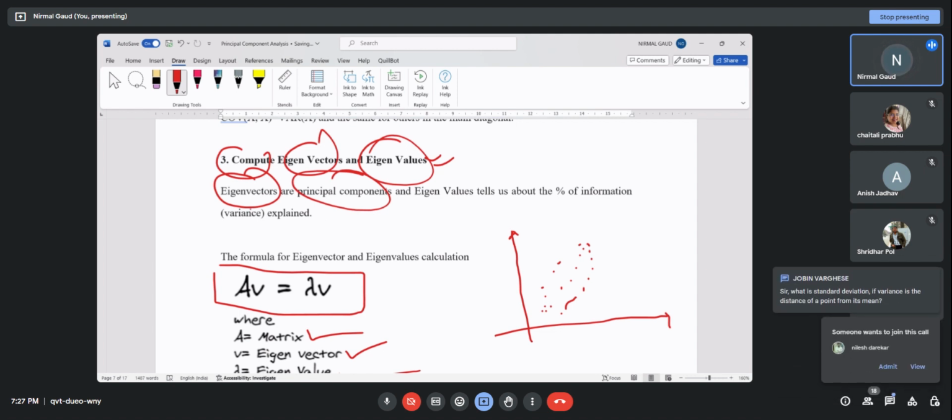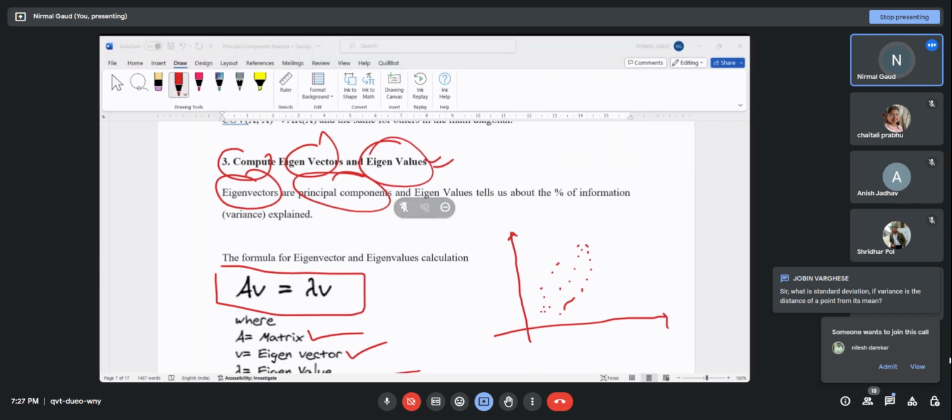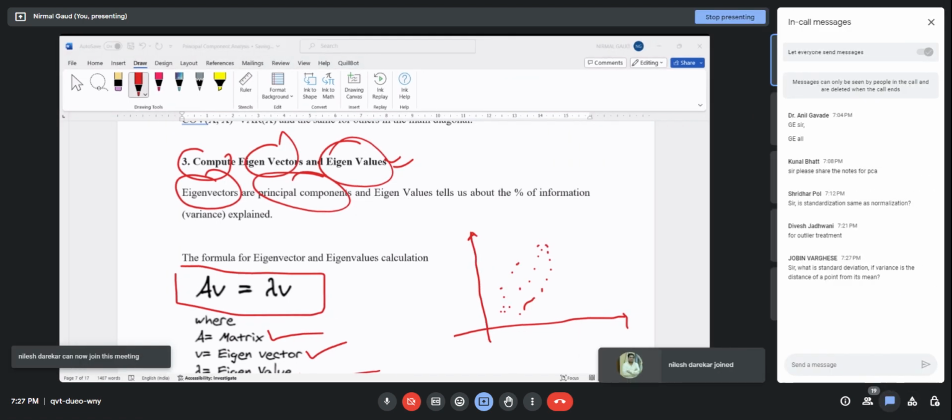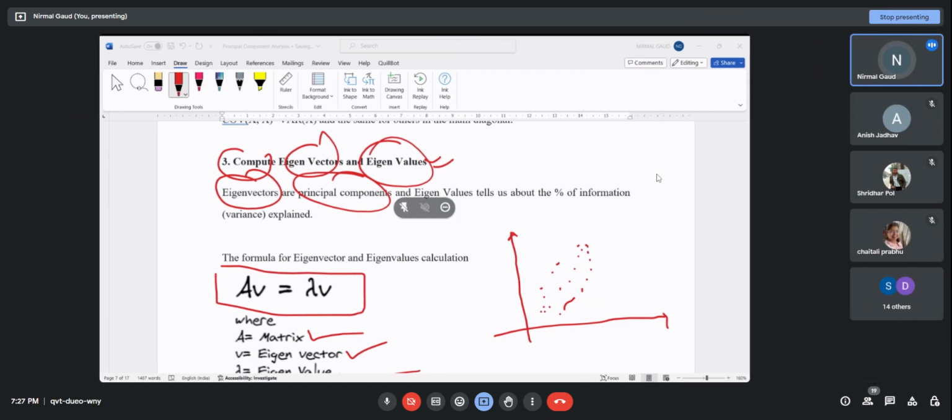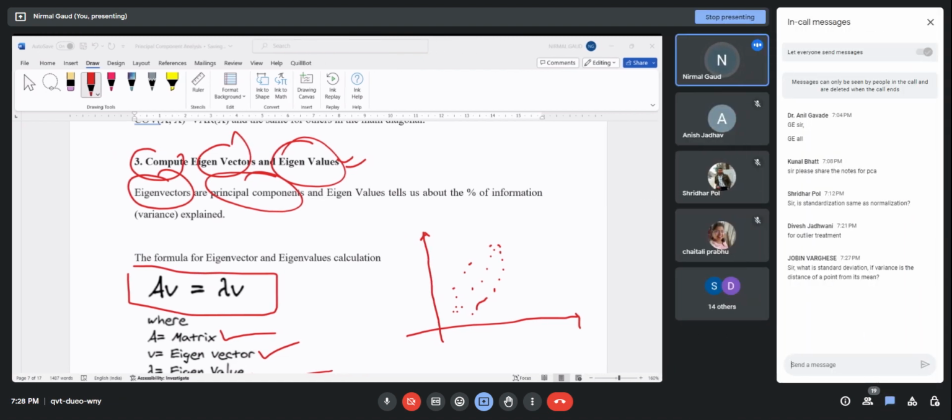Okay, so that different axis will be represented by your eigenvectors.